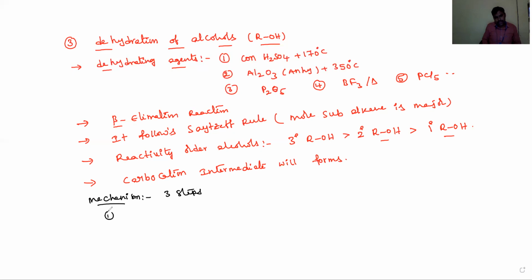The first one, for example, I am taking ethyl alcohol. It takes place in acidic medium, and protonation will take place. That is called protonation of alcohol, and the product is protonated alcohol.